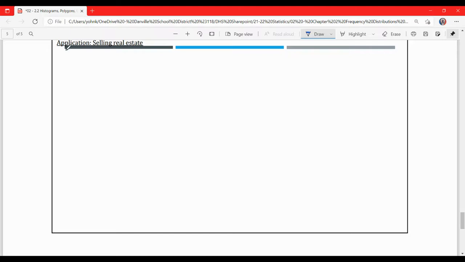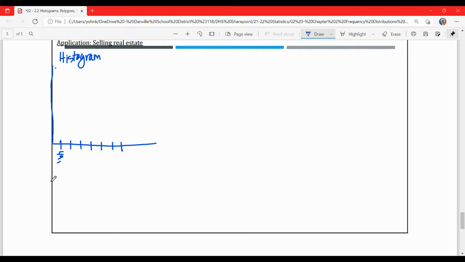All right, so let's do the histogram first. I'm just going to draw it on here because why not? On a histogram, you need the class boundaries along the bottom. So the class boundaries started at 49,999.5, then 149,999.5, 249,999.5, and 349,999.5.